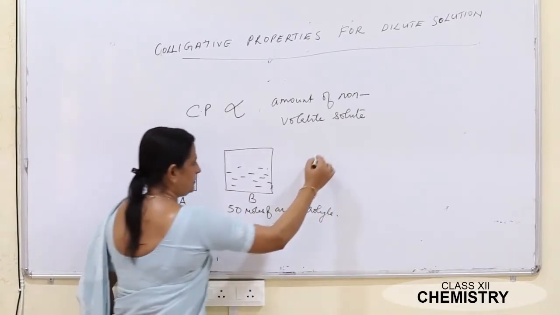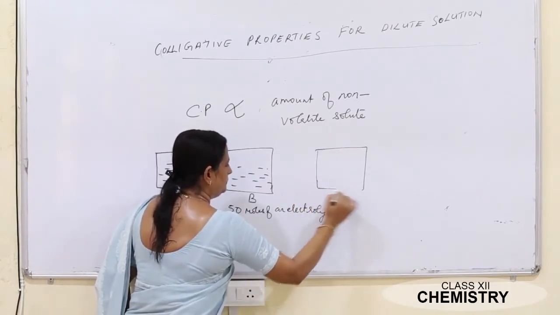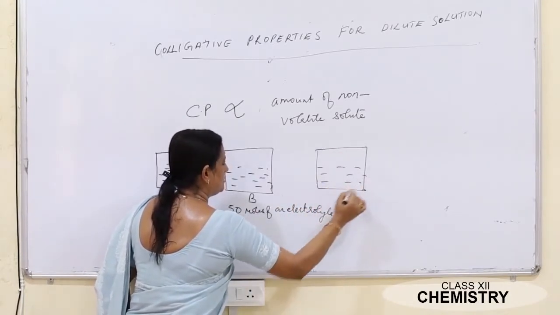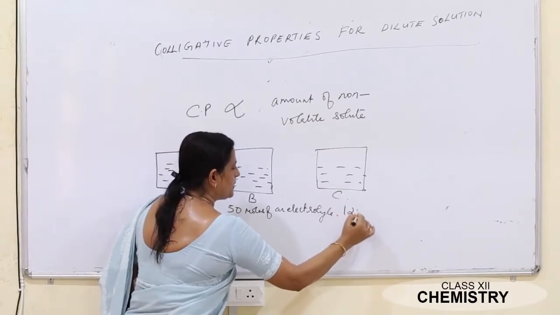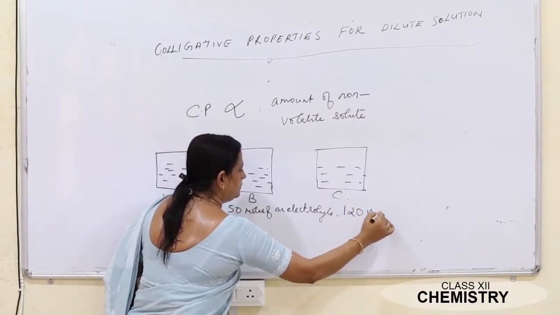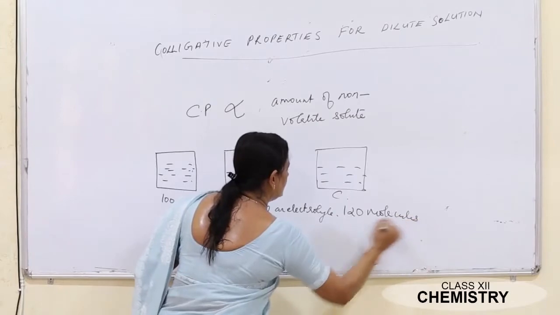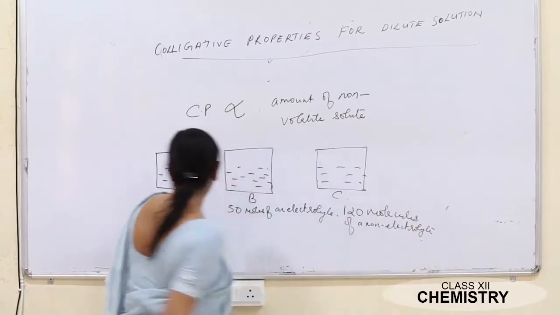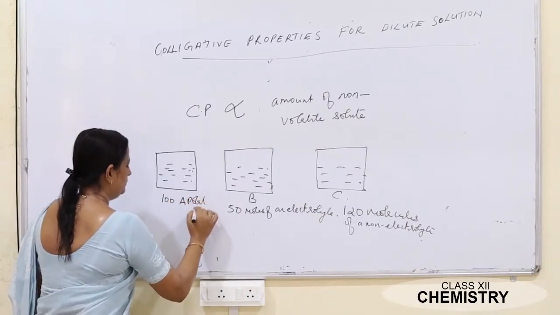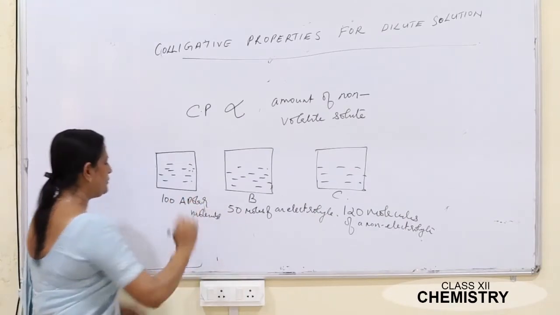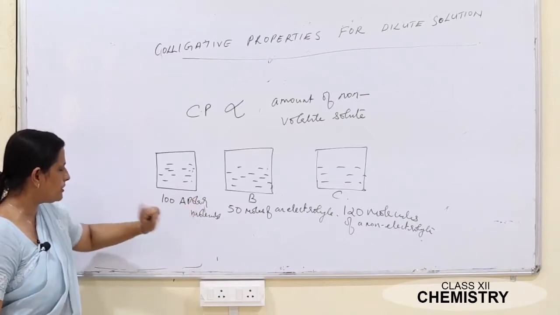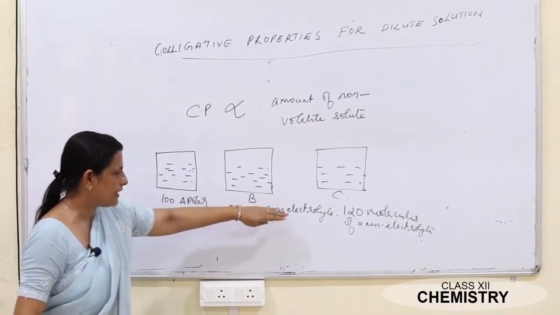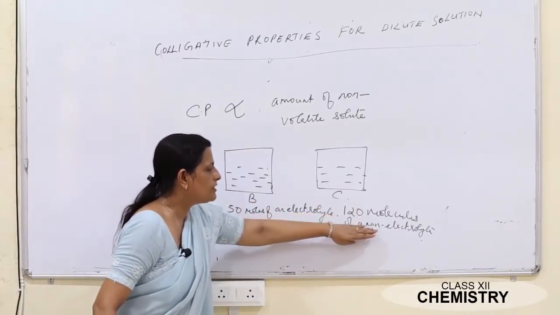Another one I am taking, say 120 molecules of a non-electrolyte. So here you have got 100 molecules of polar molecules, here 50 moles of electrolytes and 120 molecules of non-electrolytes.